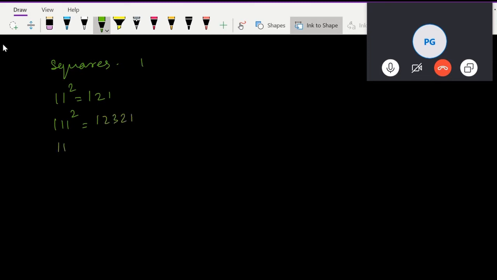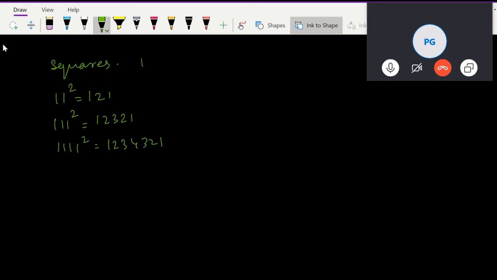What is 1111 square? So 1, 2, 3, 4, 3, 2, 1. Correct.